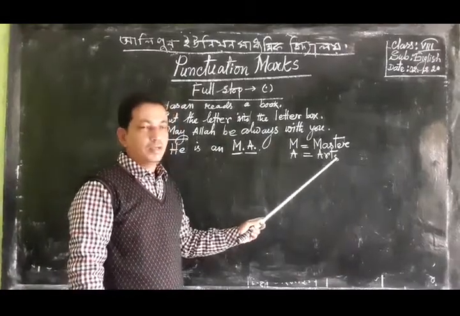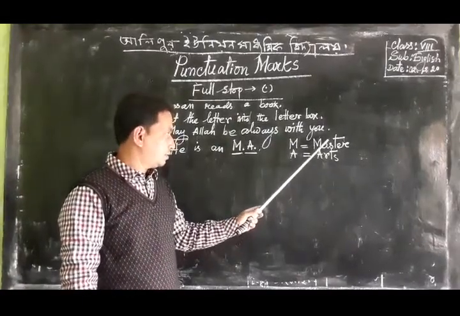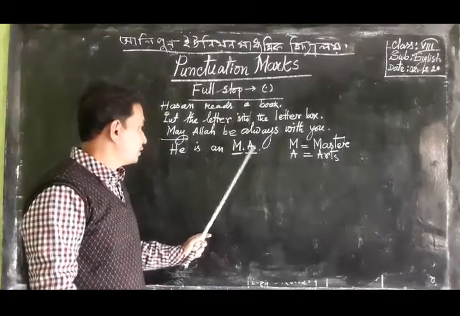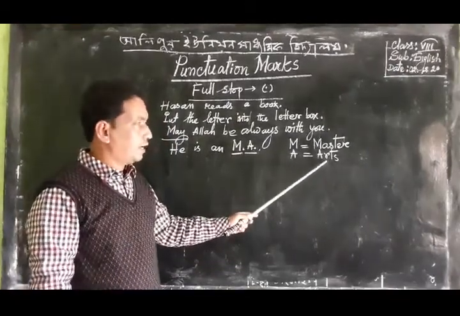A means arts. And the abbreviation word is two words, master and arts.